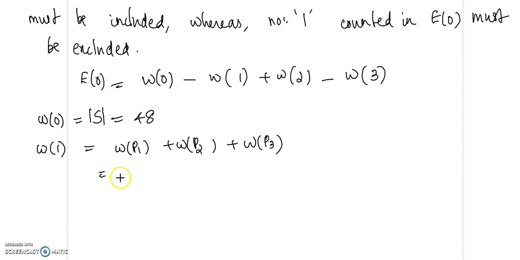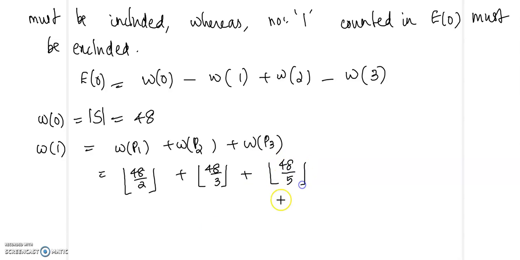So omega of P1 is the number of elements which are divisible by 2, the numbers which are divisible by 2. So that will be the integer function of 48 by 2, and omega of P2 will be those divisible by 3, the integer function of 48 by 3. Then this will be 48 by 5.